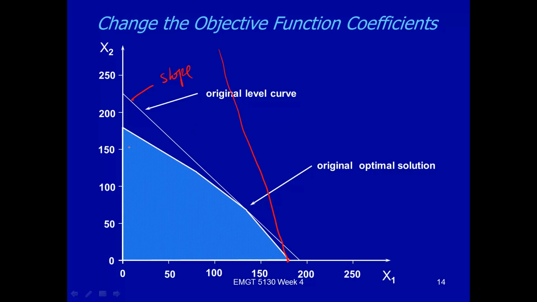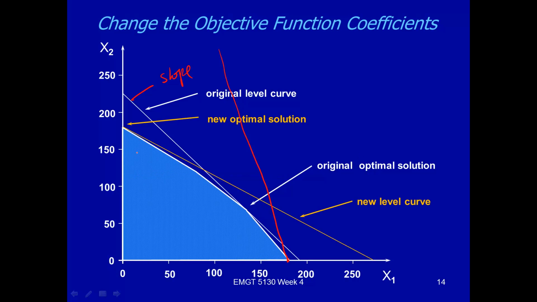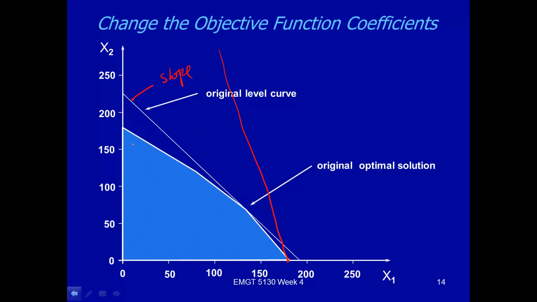Or if the slope is really flat, like this, then this point will be the optimal solution. We have to move in this direction. So you see that this slope, which is determined by the coefficient, really determines which point is the optimal solution. And from this point to this point, there is some space for it to change.